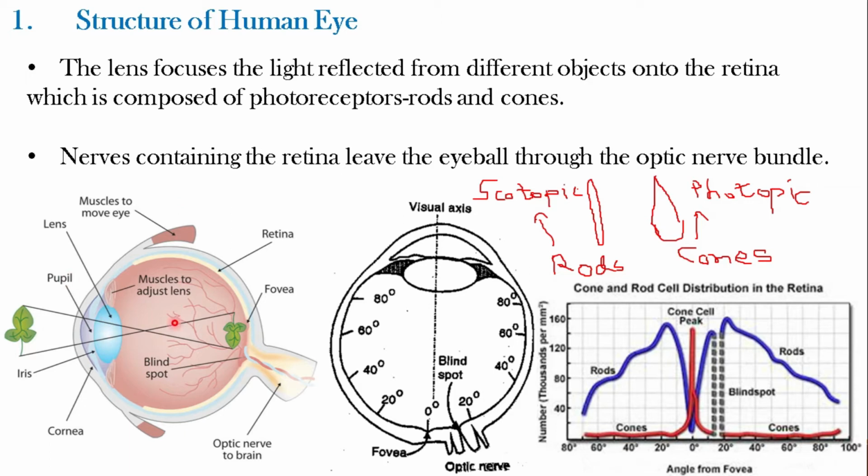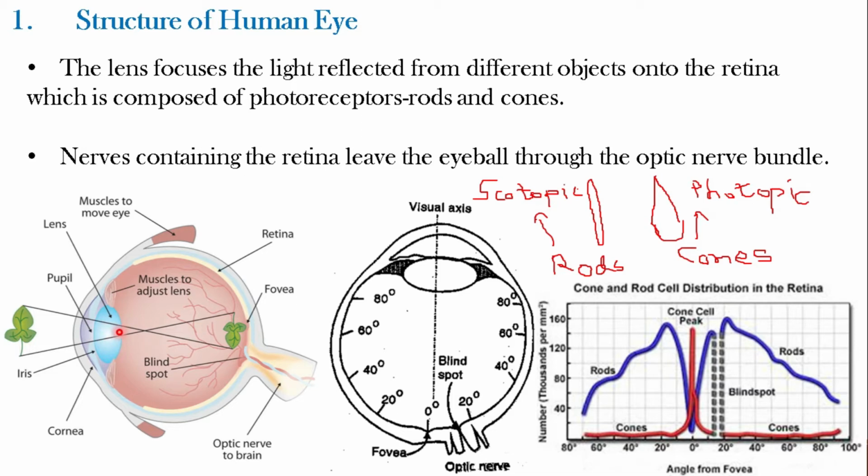Now see how the image is formed inside the eye. When light falls on any object, the light gets reflected and the light entering the cornea is focused on the retina by the lens, which changes shape under muscular control to perform proper focusing of near and distant objects. So as we do focusing using a camera lens, similarly we do the focusing for the eye using the eye lens, right?